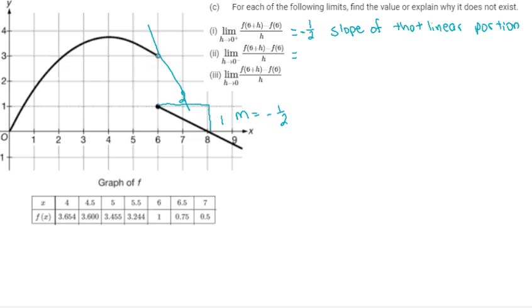But anyway, we can say that the limit does not exist. And why not? The numerator is approaching 2, but the denominator approaches 0 because we're not defined there.